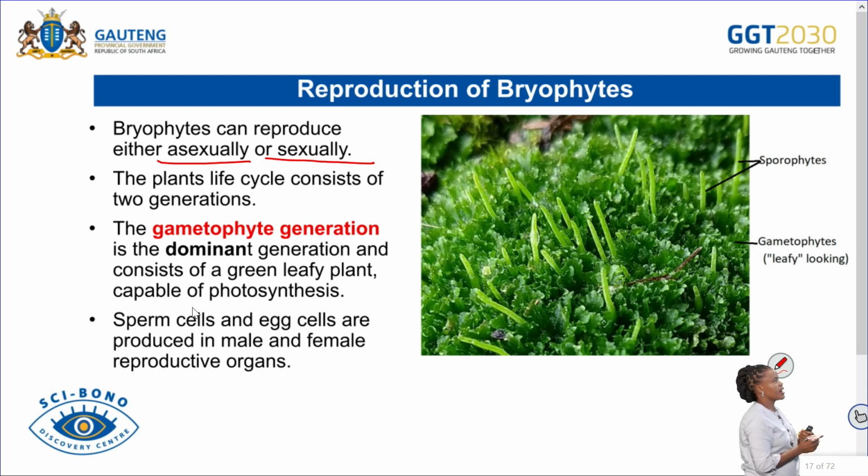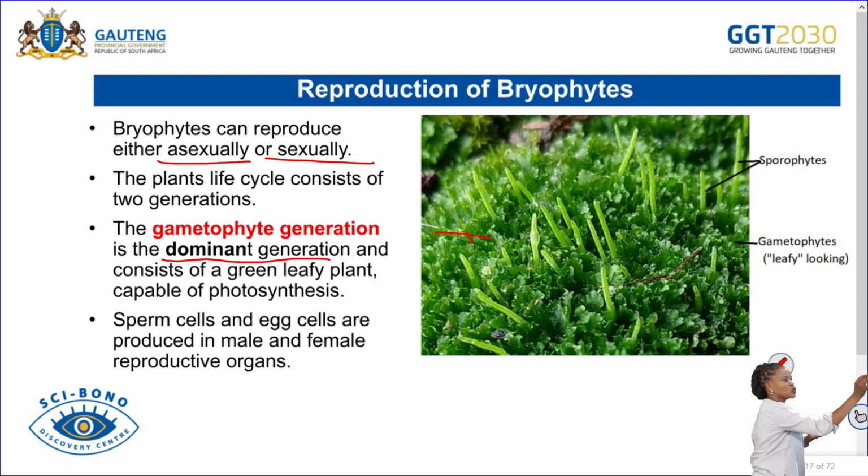Now, what is happening with the life cycle of the bryophytes? There is that alternation of what? Of generations that is taking place. I said earlier on that the gametophyte generation is the dominant generation. It has the leaves, and then on the leaves, that's where we've got the male branches, and then there's also the female branches.